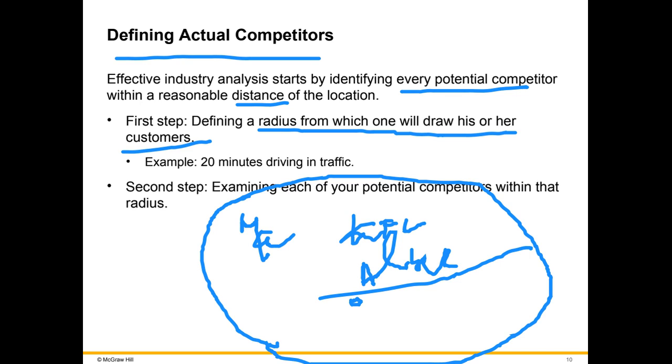These are the regions you can define, like what is the maximum radius customers can come from to our outlet. The second step is examining each of your potential competitors within this radius. See what their strengths and weaknesses are, and then you can pick and choose the right location for your outlet, and define your customer base in a very appropriate manner.